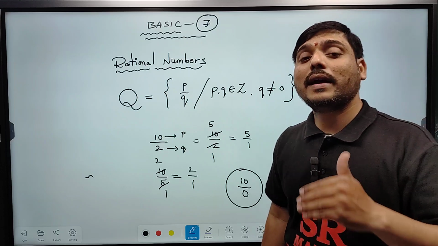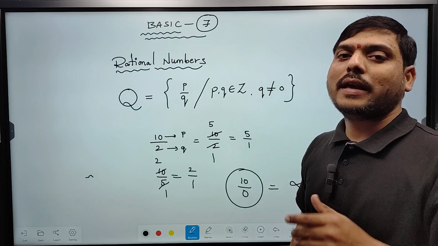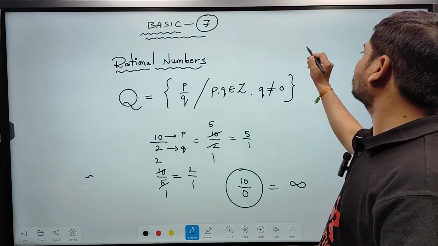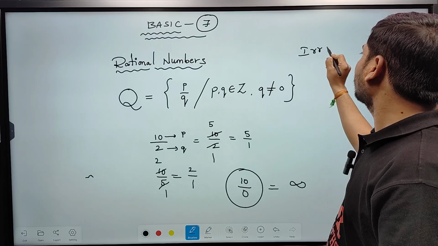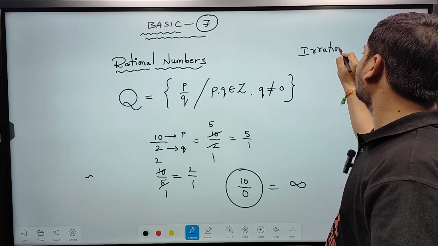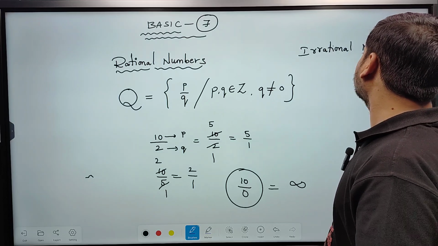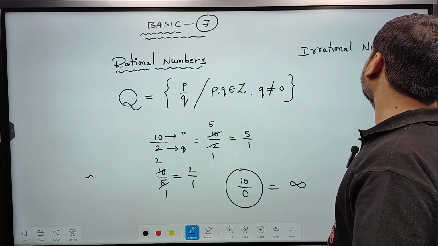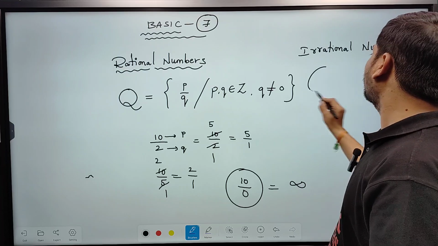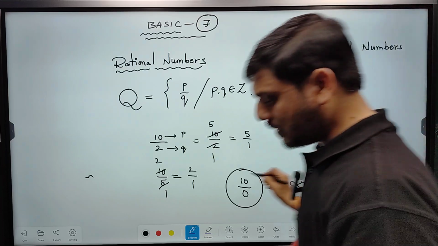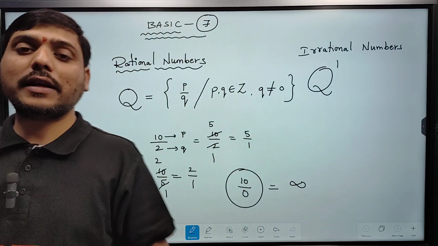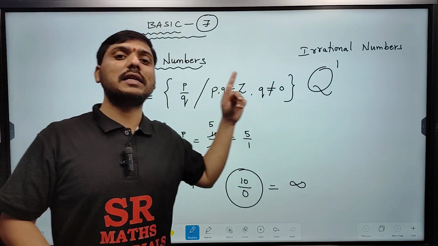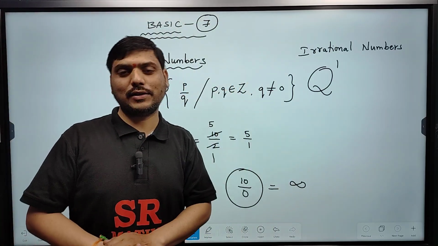And now I am going to the irrational numbers. What is an irrational number? Irrational numbers are denoted by Q dash. The rational number is denoted by Q, the irrational number by Q dash.